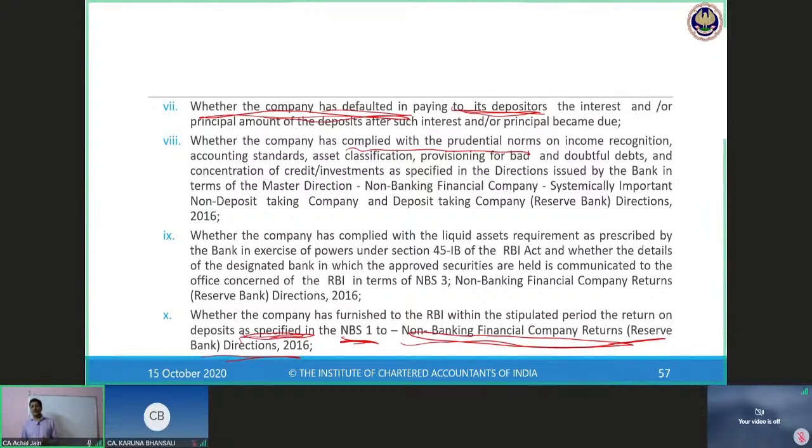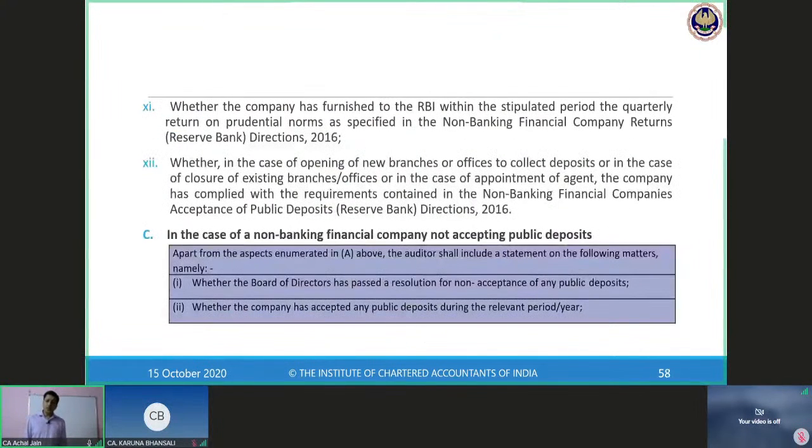Auditor. What will he ensure? That the compliances around all of these things has been done by the NBFC or not. So you can see so many reporting responsibilities are there on the part of the auditor, and so many additional procedures are required to be performed by the auditor in case of an NBFC.